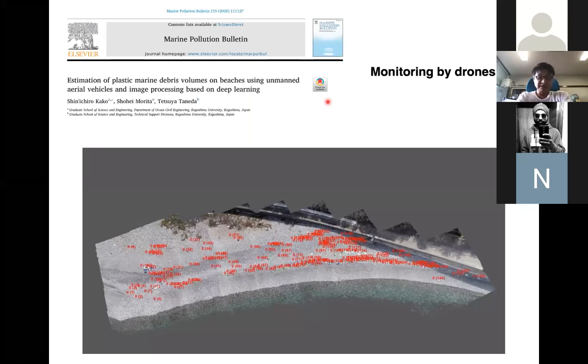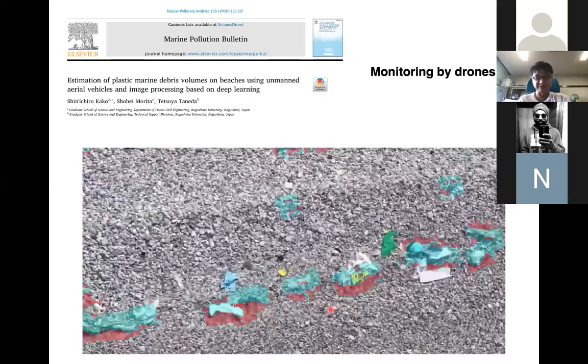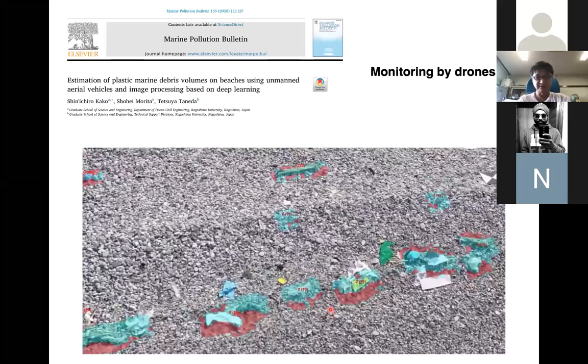We can take photographs over a beach within a very short time scale, and we can take photographs from different angles. What I'm showing you are movies, which are integrated from the many photographs taken by drones.